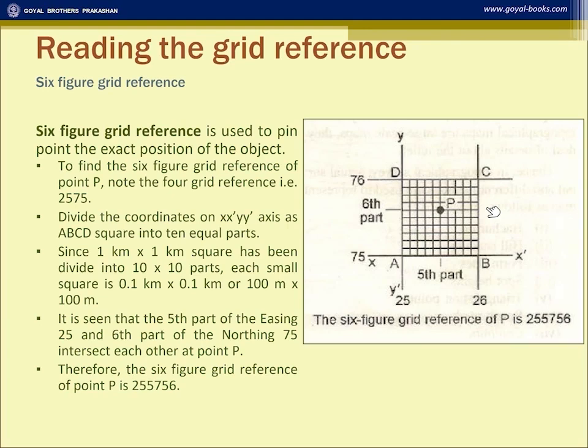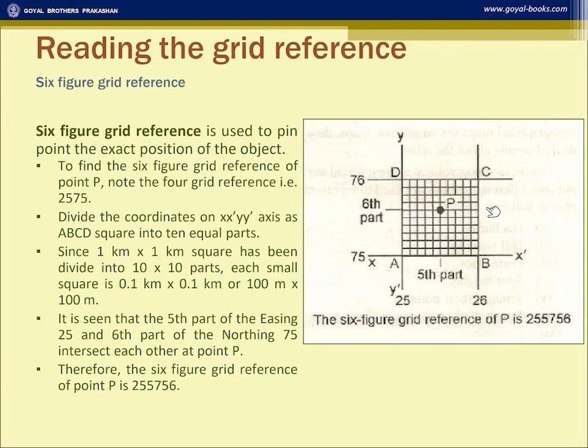Now, if we wish to find out the exact position where the easting and northing of this grid intersect each other, showing the position of P, we must divide it mentally into 10 parts. Now, when I say mentally, it means that generally we can find out which is the fifth part of this easting and which is the fifth part of this northing.